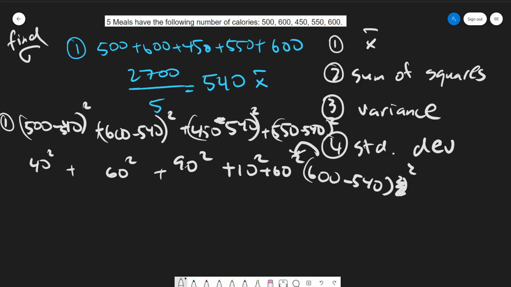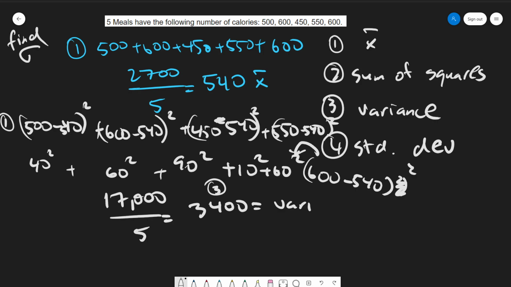So I'm going to add all those up and get 17,000. And then we're going to divide that by the number of terms we have. That'll give us 3,400. And that is our variance.